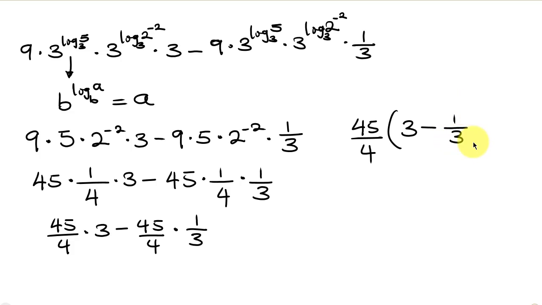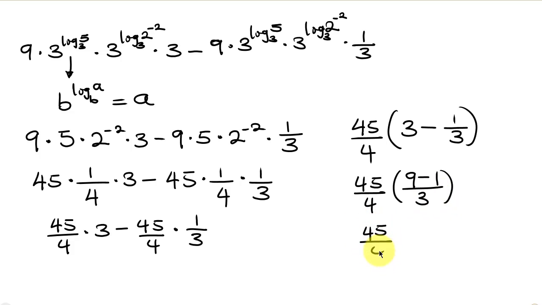That is it. So this becomes 45 all over 4 times, now this will be 3 times 3, that is 9, minus 1, which is this one here, all over the denominator 3. And this simplifies into 45 all over 4 times 9 minus 1 is 8 all over 3.